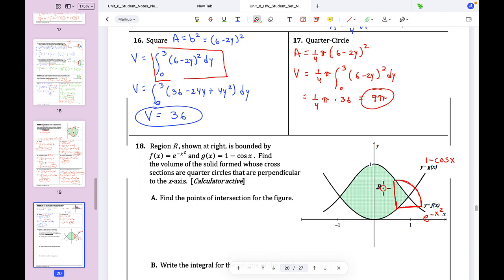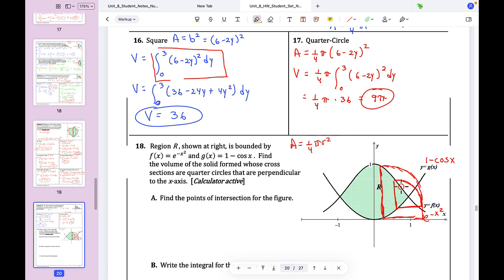So we're looking at something like this, right? Something like that. We're looking at the area equals 1/4 pi r squared.